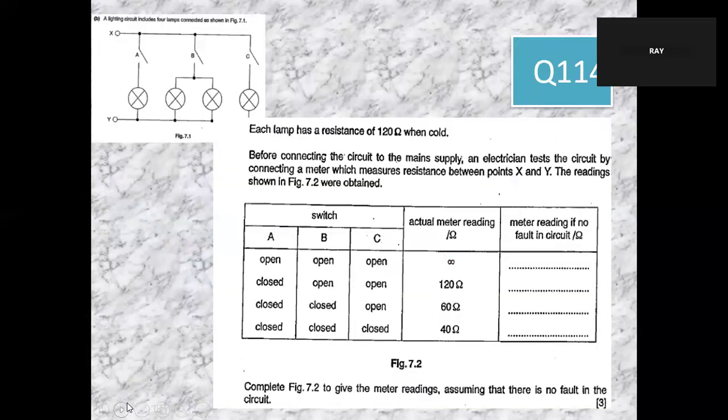Each lamp has a resistance of 120 ohm when cold. Before connecting the circuit to the main supply, the electrician tests the circuit by connecting a meter which measures the resistance between point X and Y. This is your X, this is your Y. You're supposed to fill up the readings. What's the first one?